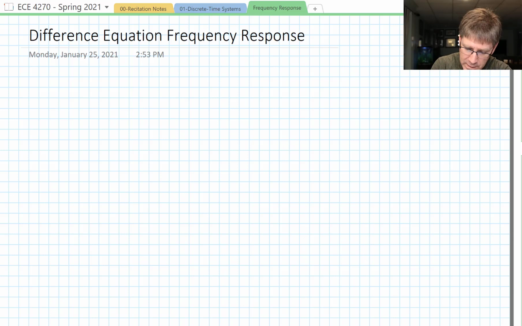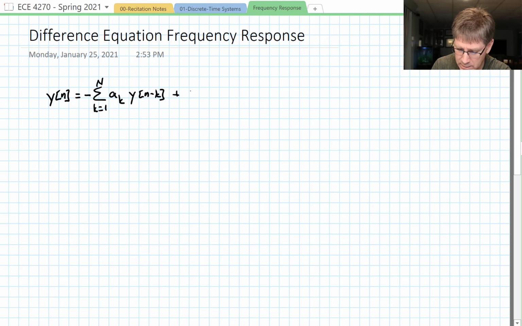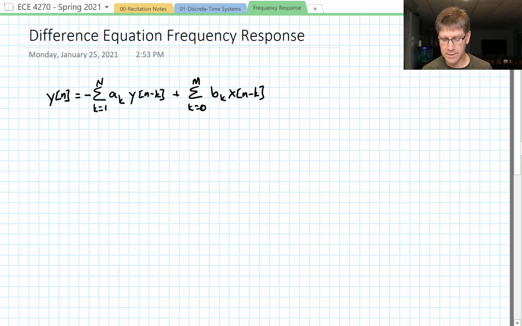As you recall, we can express a linear time invariant system as negative the sum over AK, k equals 1 to n, y of n minus k, plus the sum from k equals 0 to m of bk x of n minus k. So that's the basic difference equation form for calculating an output.